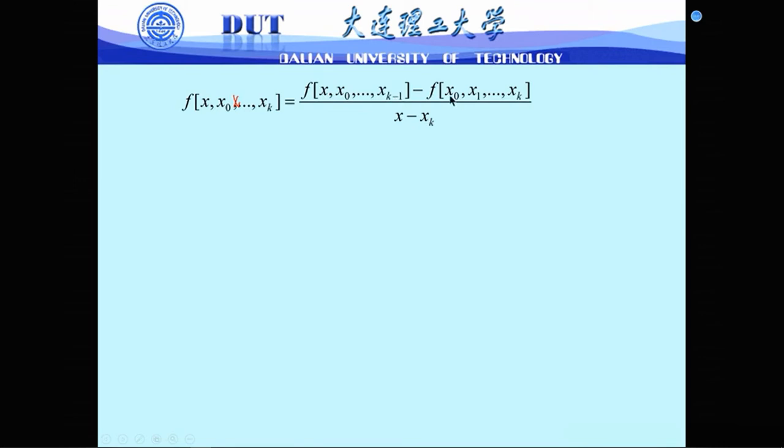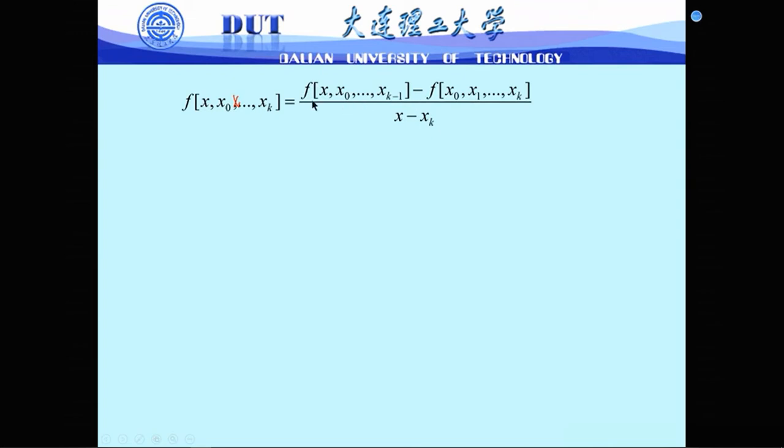And minus another divided difference. In this case, we don't use x0. We only choose x1 to xk. Here you see, we have x1 to xk, k nodes, then this is a k minus 1 order divided difference. This is also a divided difference.